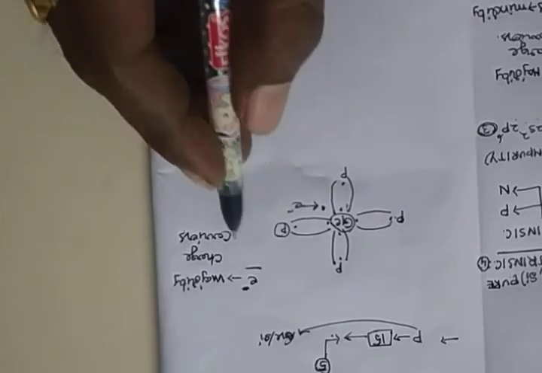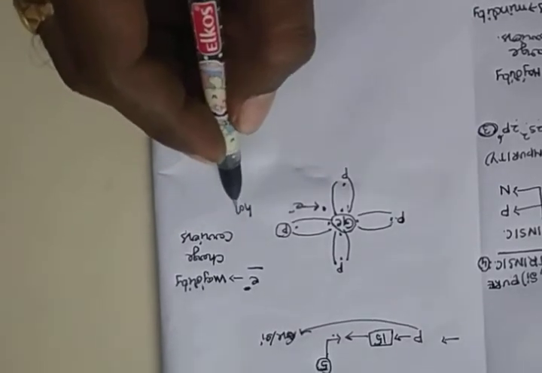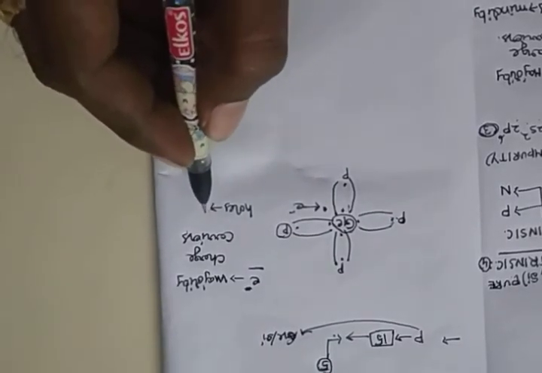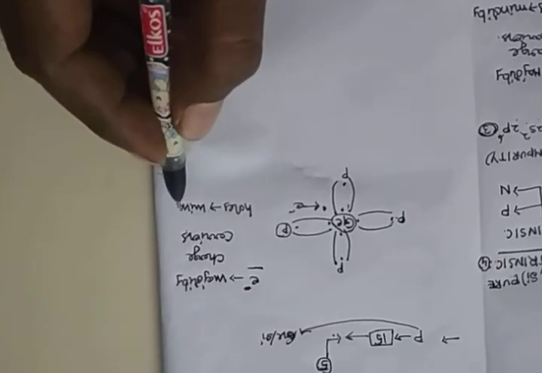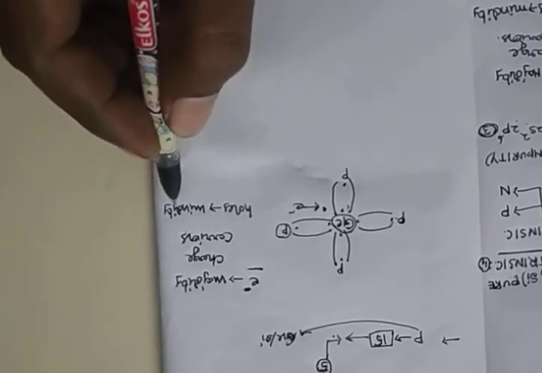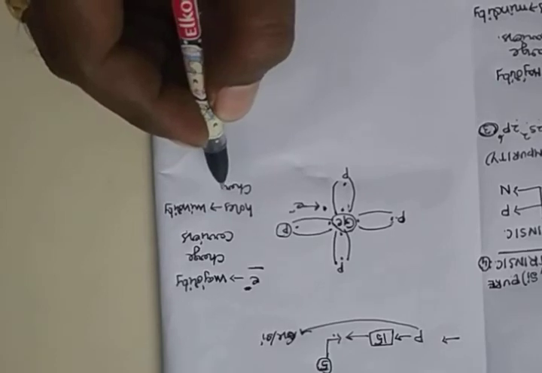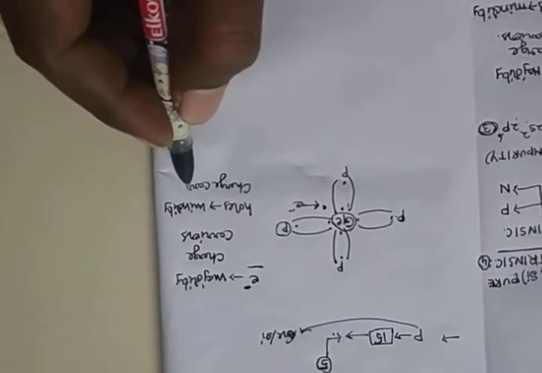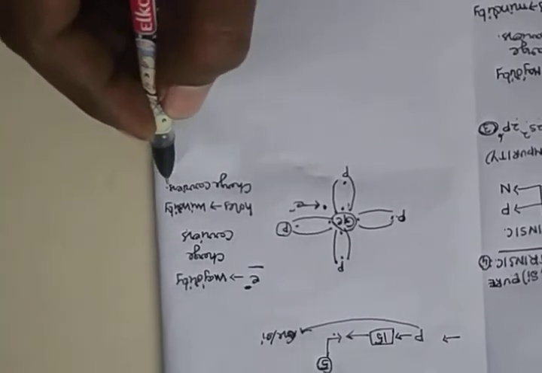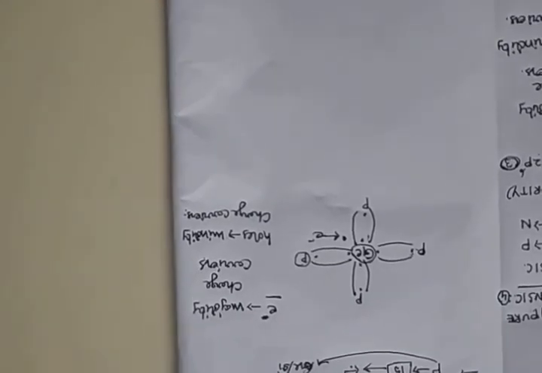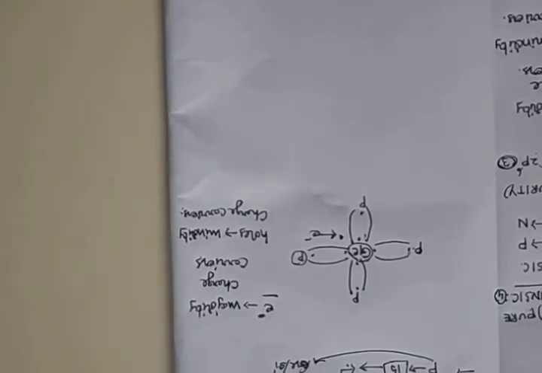Electrons mean negative. Holes are the minority charge carriers.